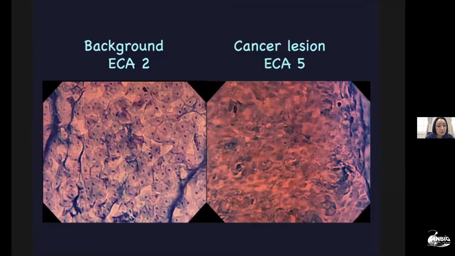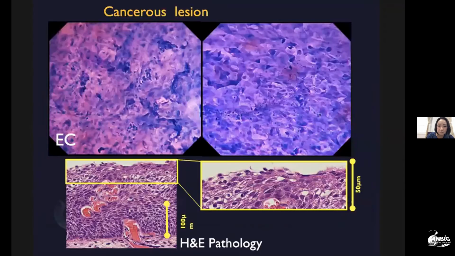In the left picture, each nucleus is recognized as a small dot, but in the right picture, the nuclei are largely swollen and highly irregular. So this is the difference between the non-cancer and the cancer.